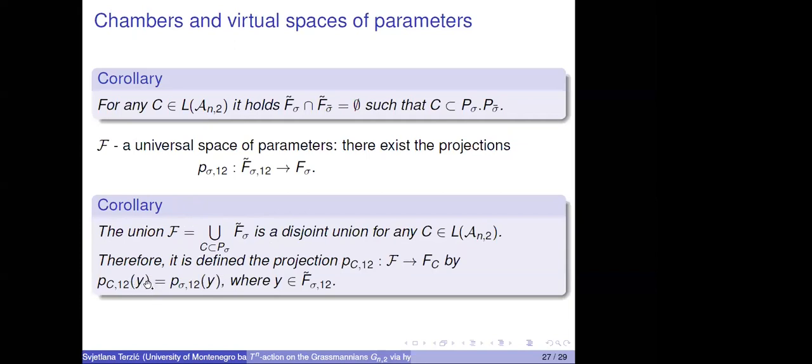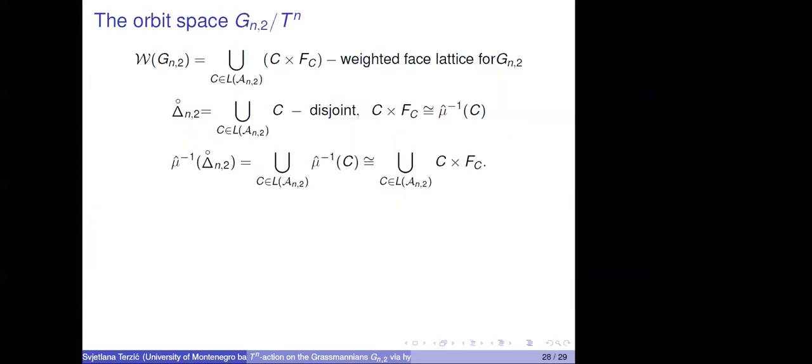We take some y. This y belongs to some F tilde, a unique F tilde, since this is a disjoint union, and since the F tilde are defined in the universal space of parameters, we have these projections.